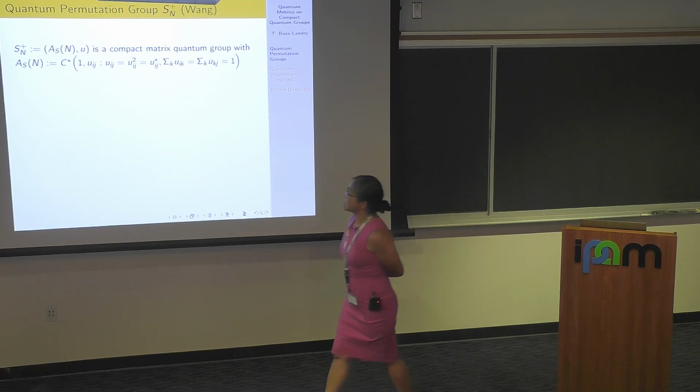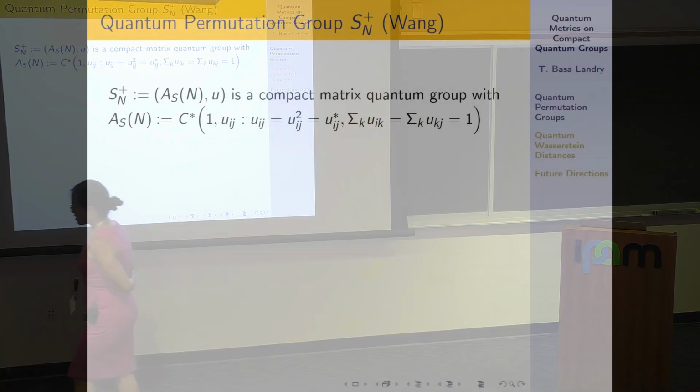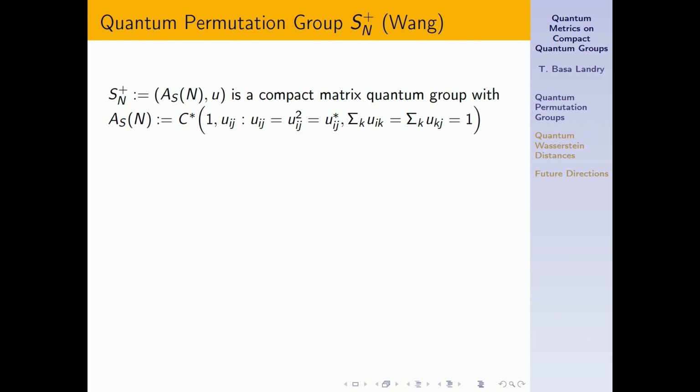So a quantum permutation group, like so many things in non-commutative geometry, has an underlying unital C-star algebra. And so here the underlying unital C-star algebra is the one given by the C-star algebra generated by these elements subject to these relations. And the quantum permutation groups are a special example of compact matrix quantum groups.